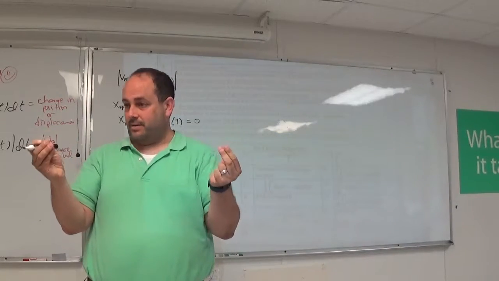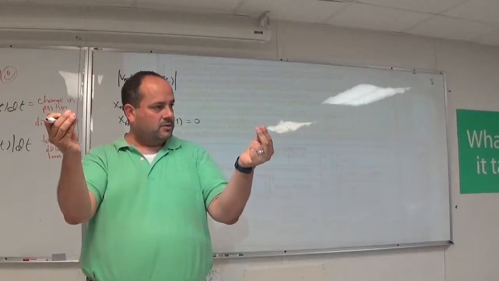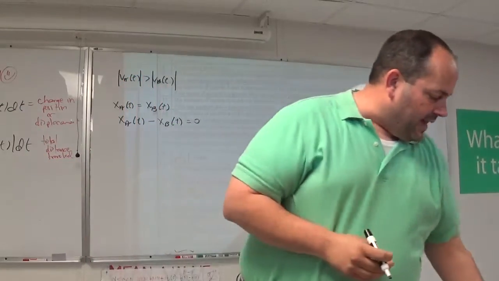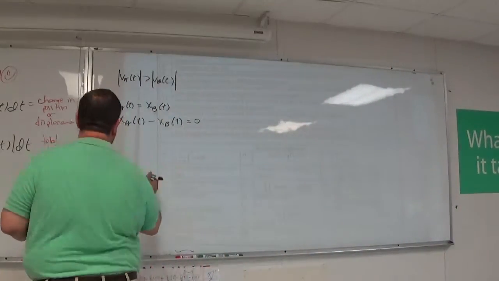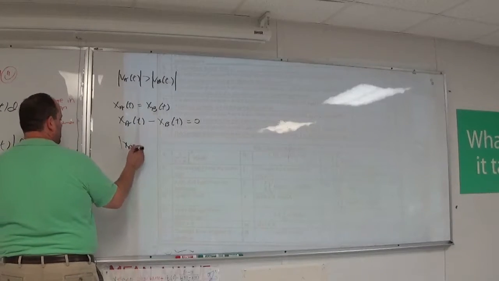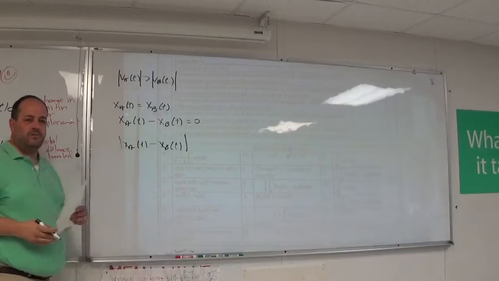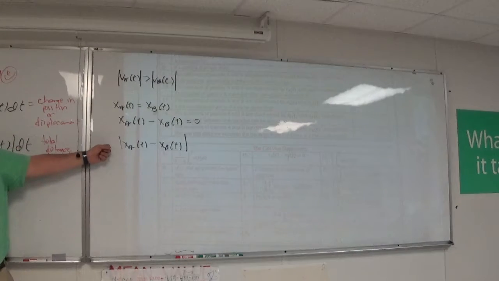Distance cannot be negative. And depending on where the particles are when you do the subtraction, you might be subtracting them in the wrong order. So that's why it has to be x sub A of t minus x sub B of t, and you need the absolute value bars. That's the distance between the two particles.